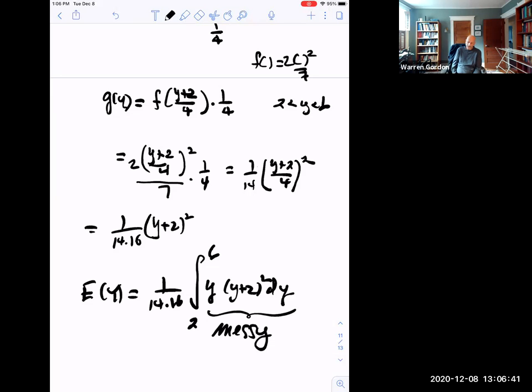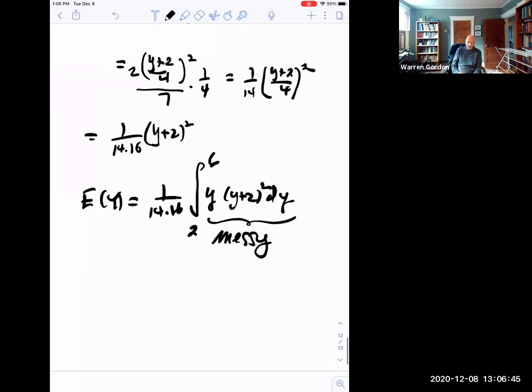You could do a change of variable here, or you can multiply this out and then multiply by y. The other method is better. I just wanted to mention two ways of handling the problem and why using the properties of expected value sometimes works much better. Okay, other questions?